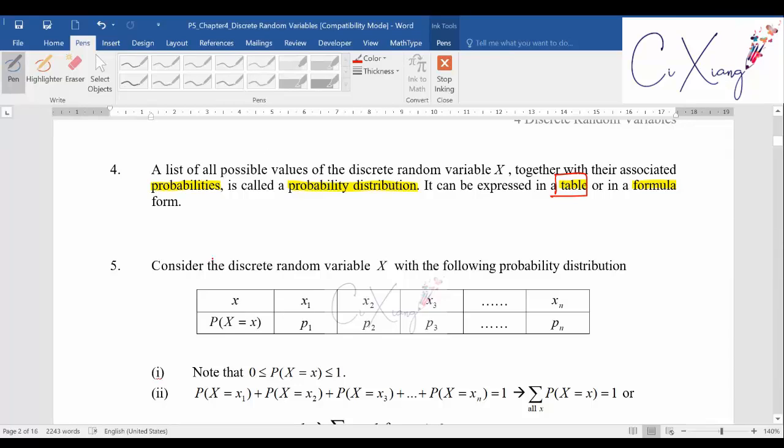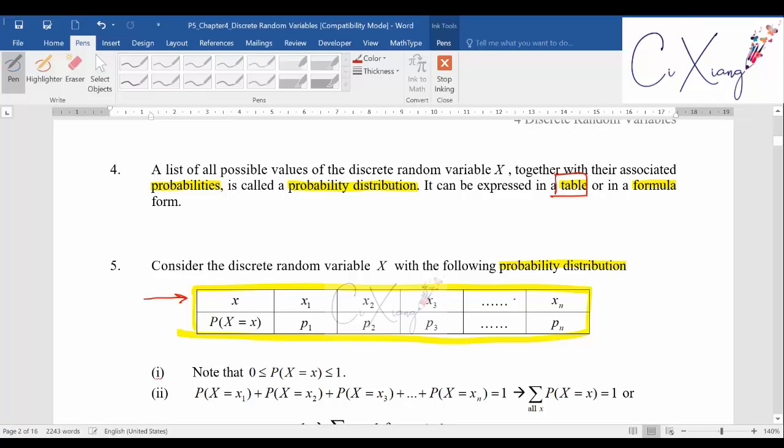So how does a probability distribution table look? This is one example of a probability distribution table. On the first row, you list out all the values of x that you get, like what we did just now in step number 1.